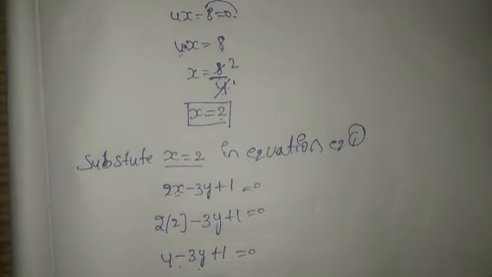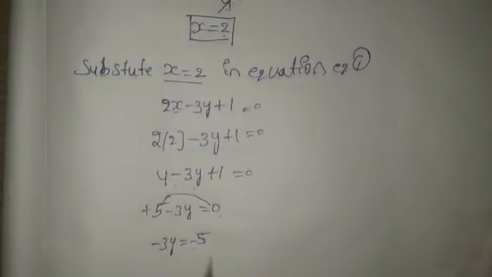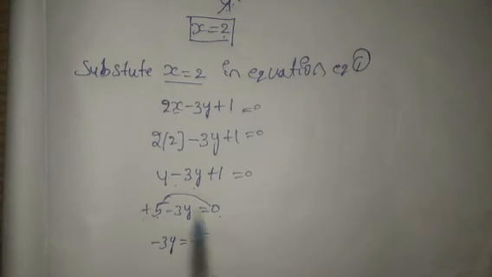So minus 3y, plus 5 transposed to this place becomes minus 5. When plus 5 transposes to this place, it becomes minus 5.